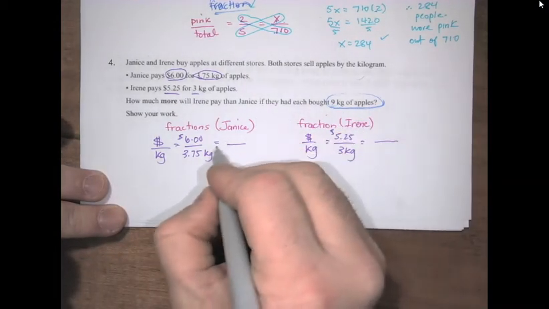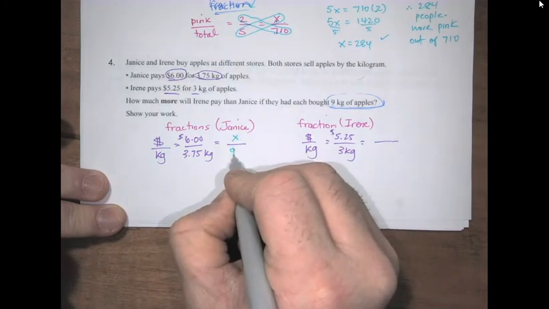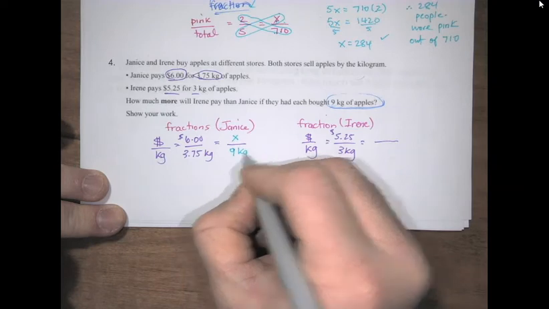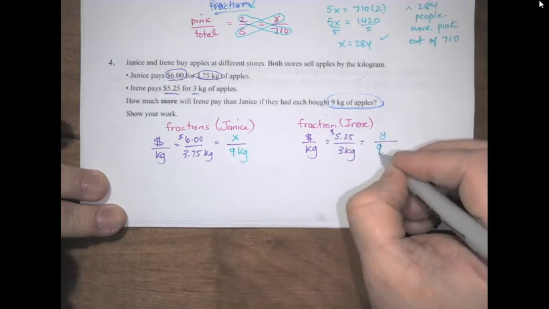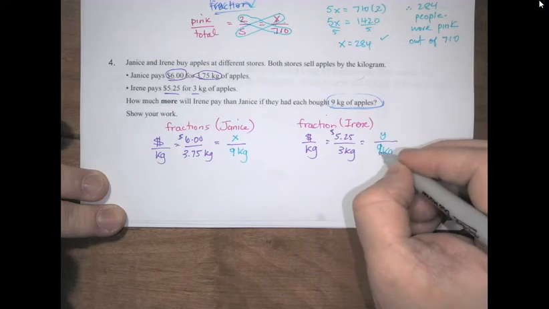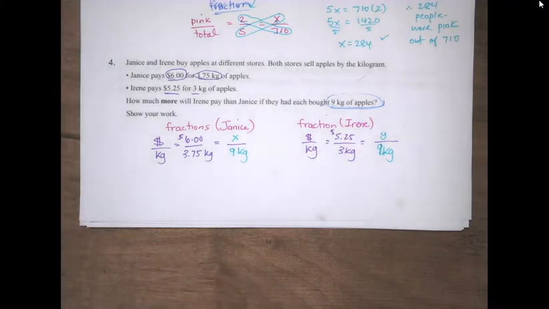We want to be able to figure out how much it's going to cost when I have 9 kilograms here. And I'm going to do 2 different variables here. So I've got 9 kilograms for Irene, 9 kilograms for Janice. All right. And then we can give that a go. So I'm going to hit pause. I want you now to try to solve those 2 proportions. Give that a try.